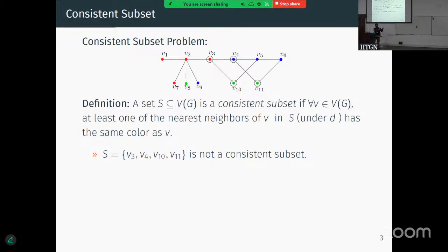It should be the same color as the vertex. So this S is not consistent, but this one is a consistent subset.